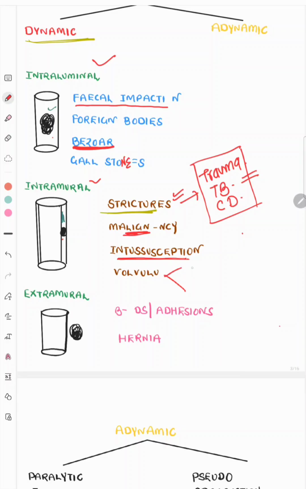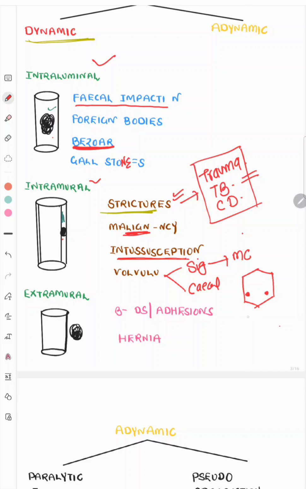There are two types of volvulus, mainly sigmoid and caecal. Sigmoid is more common than caecal. Sigmoid volvulus will be here in the left iliac fossa and caecal here in the right iliac fossa.